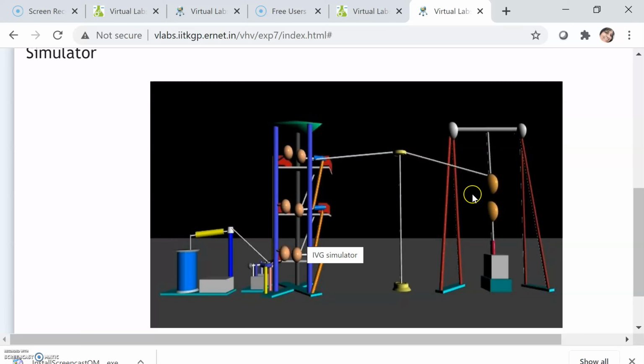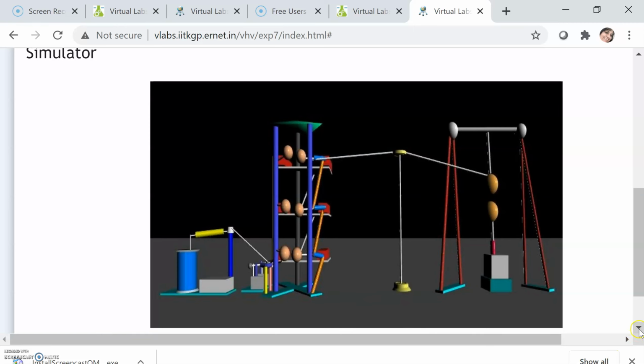So the experiment is different, but I want to show you the effect of diameter and also gap distance, and we can find out breakdown voltage with impulse voltage, not sinusoidal AC 50 hertz voltage. That is the only little change in this part of the experiment.